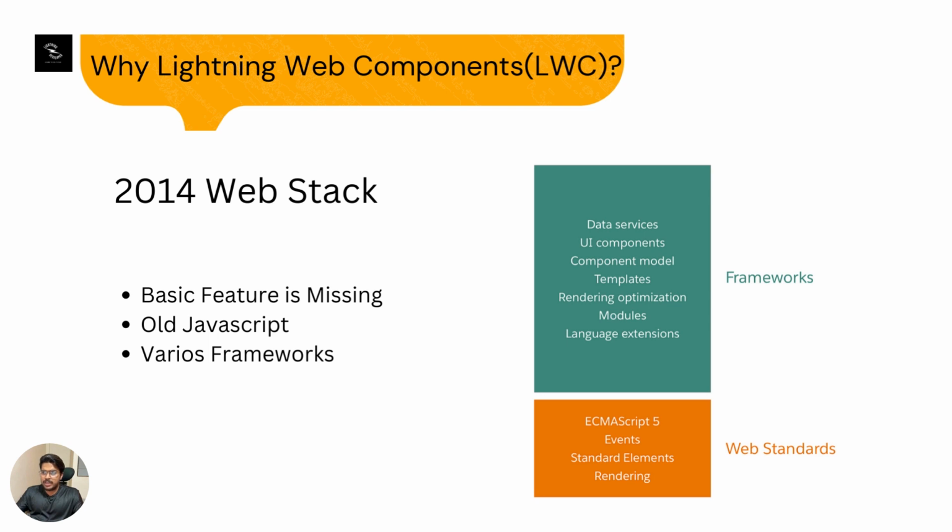At that time, the Aura component was introduced. Aura component is a type of framework which helps to create UI components and provides some essential key features which help to create Lightning components for Salesforce.